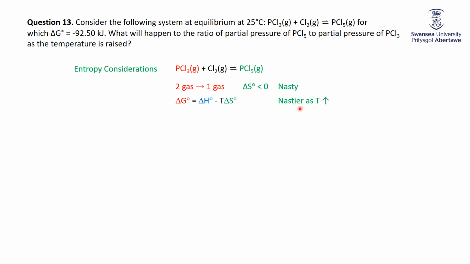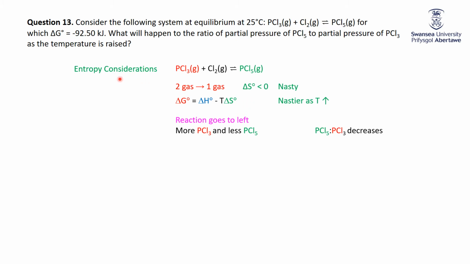Nastier, of course, means it becomes less spontaneous, more non-spontaneous. In other words, it moves to the left. The reaction's going to the left because as temperature goes up, you have a nasty delta S, you have a nasty T delta S. So if the reaction goes to the left, then we're going to be making more PCl3 and using up PCl5, so the ratio becomes smaller.